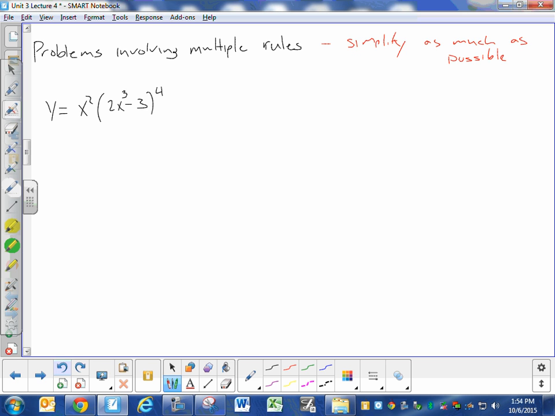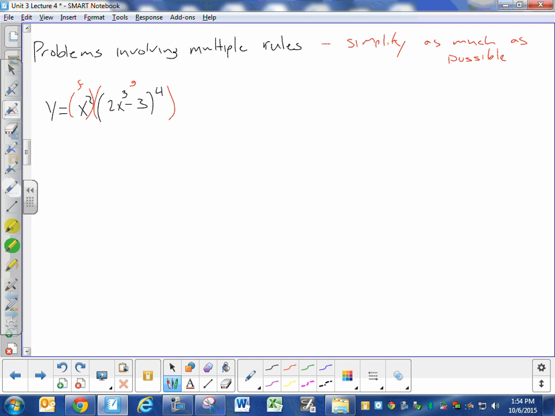Can't do that. Instead, what we have here is a product of two things, and if I want to take the derivative of it, I need to use the product rule. We have the first guy and the second guy. We will have to use the chain rule to take the derivative of the second guy.